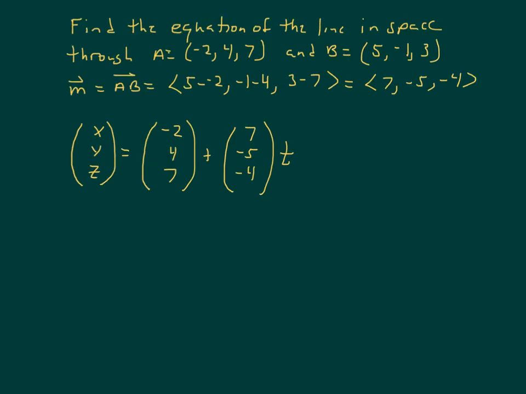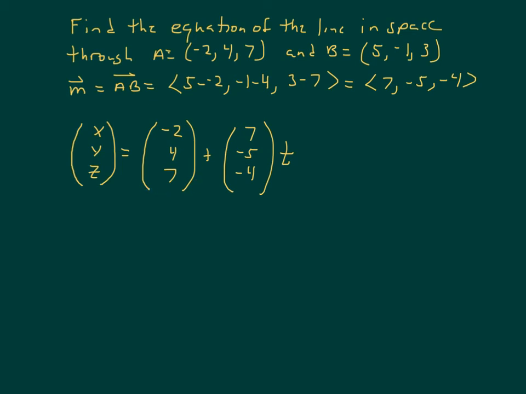Let's take a look at how this same procedure is modified in three dimensions when we deal with a line in space. In this case, we have a line in space that's going to go through the point A, (-2, 4, 7), and B, (5, -1, 3). And again, our slope vector is just going to be the vector that goes from A to B. And that's also why, for my point vector, I always end up choosing A, because that's where I'm going from A to B. So the vector I'm going from, I'll let that be my initial point.